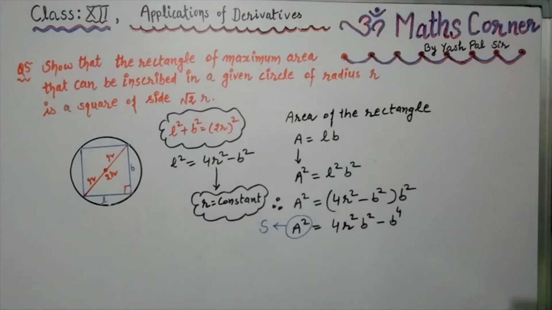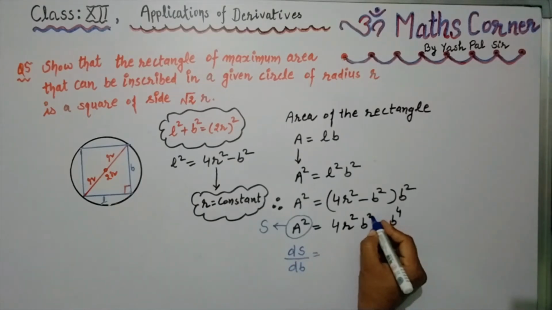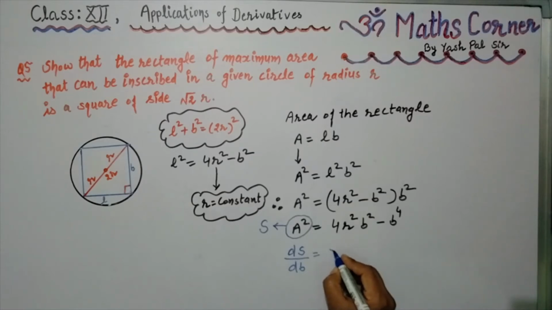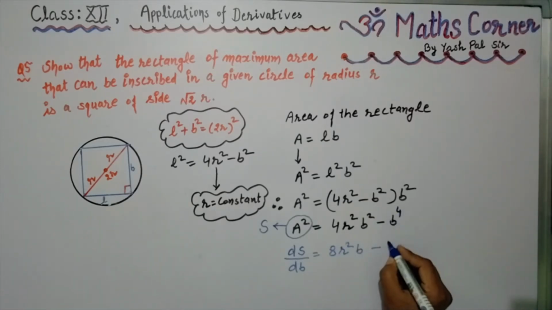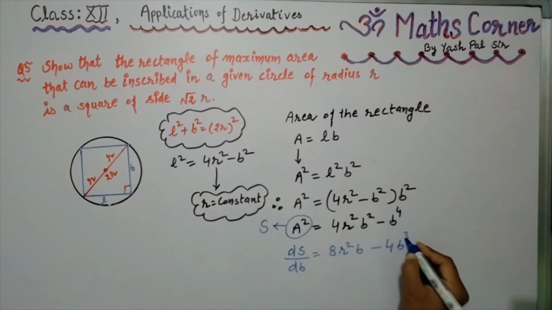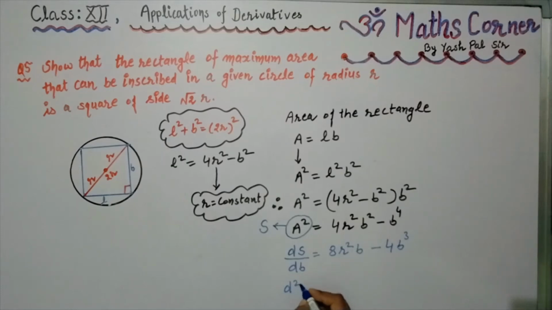Applying this, for our convenience, we can take the value of A square as S. So we write the derivative of S with respect to B, as B is the variable. So this becomes 8r square B minus 4B raised to power 3.